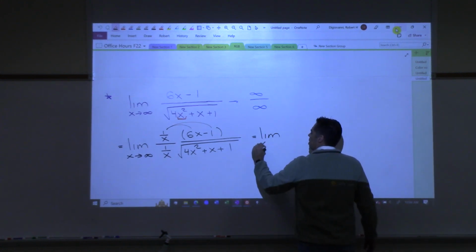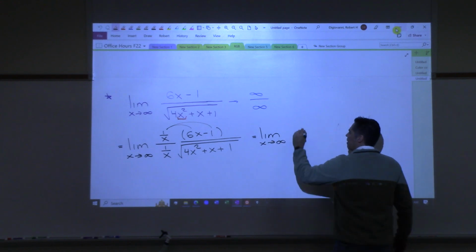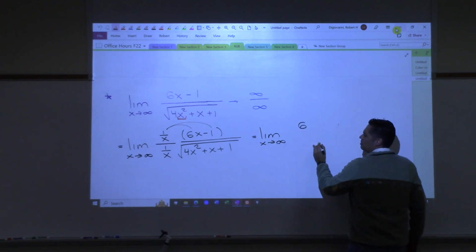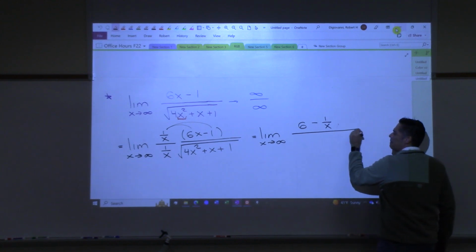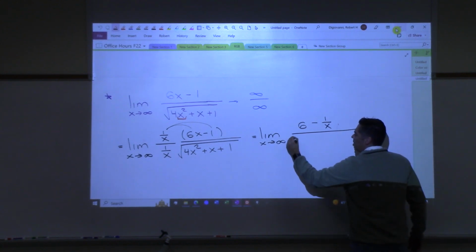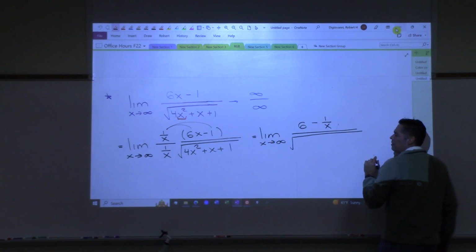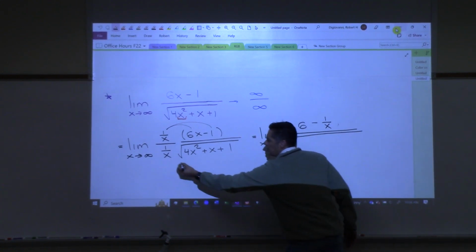Limit, x goes to infinity. Okay, I have 6. 6 minus 1 over x. That's my top, right? On the bottom, I'm going to take a little bit more time. On the bottom, I push that 1 over x in.